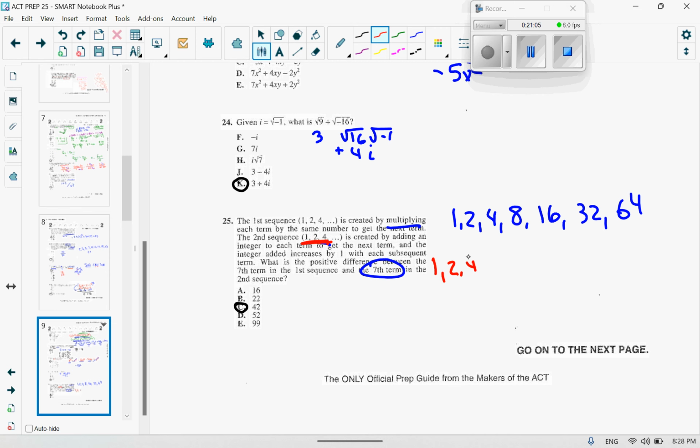Now I'm going to add 2 is 4, add 3 is 7, add 4 is 11, add 5 is 16, add 6 is 22, add 7 is 29. 1, 2, 3, 4, 5, 6, 7. Oh, I don't care about this one. Seventh term and seventh term. What is the difference? That's a subtraction. 64 minus 22 gives me 42.